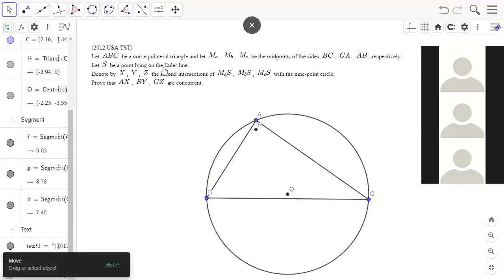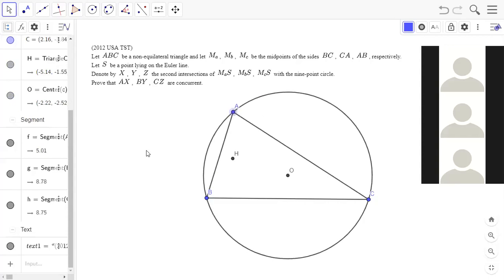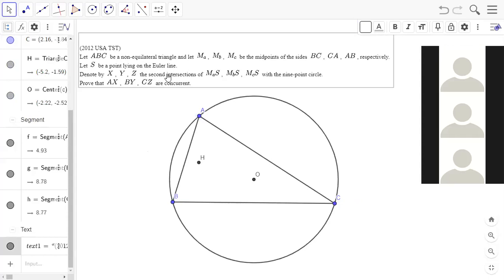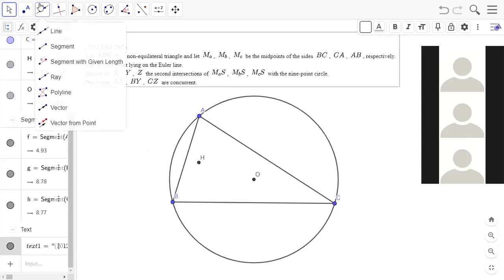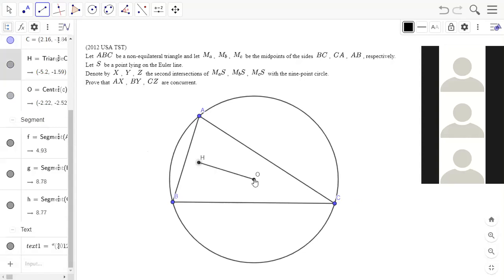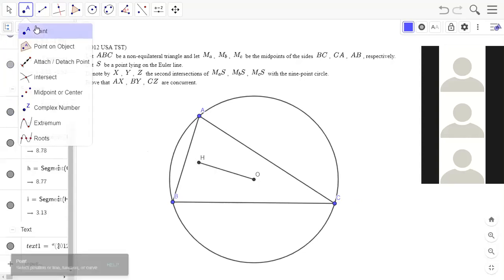And then S is basically any point. Yeah, this looks weird. So S is any point on OH, and it could be on the line. It doesn't have to be the segment, but I'm just going to draw the segment.